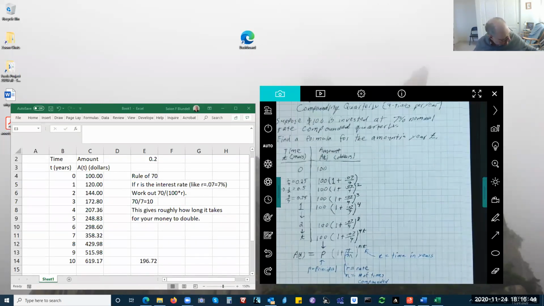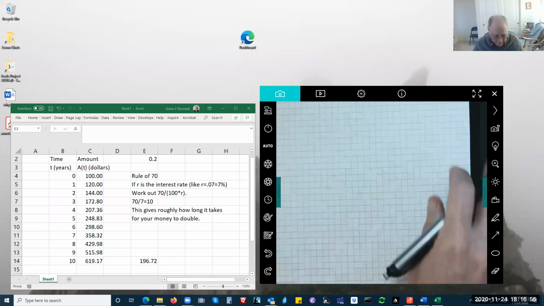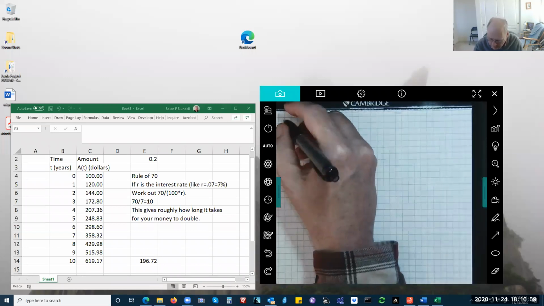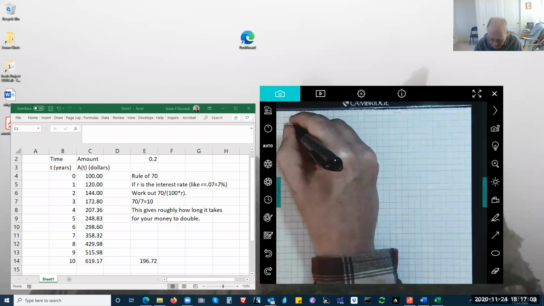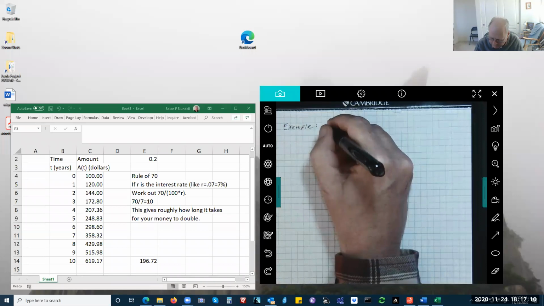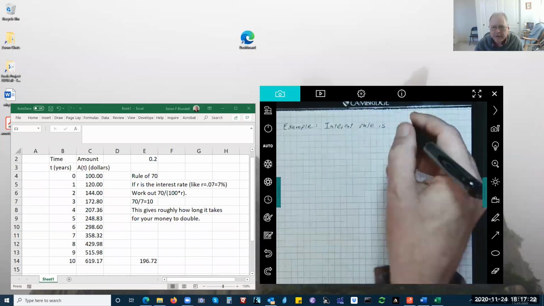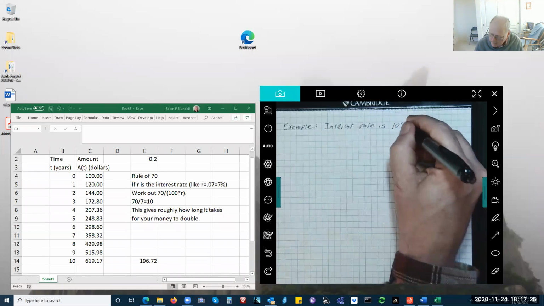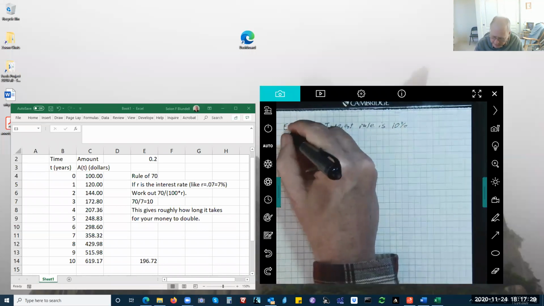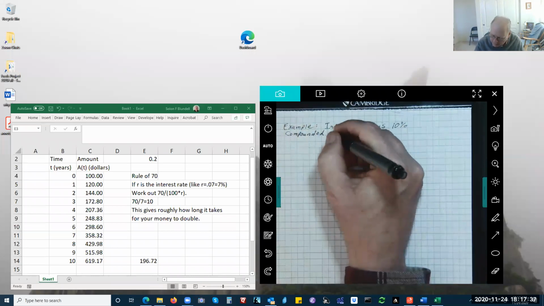So let's do an example problem here. Let's suppose you're getting 10% interest compounded, well, let's do monthly.